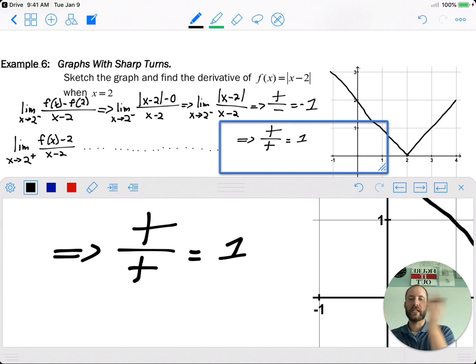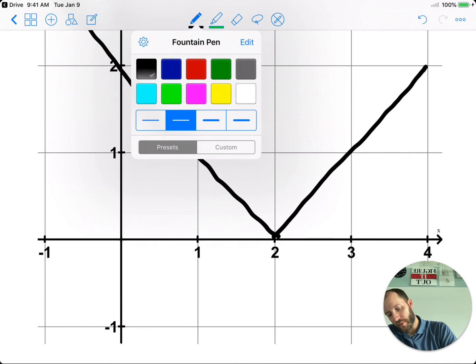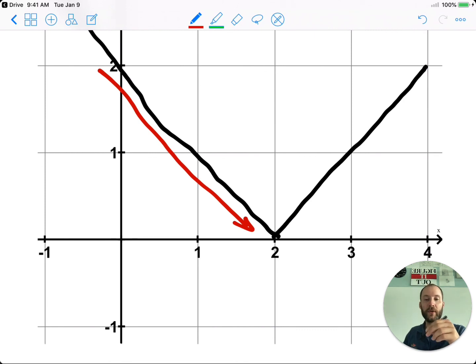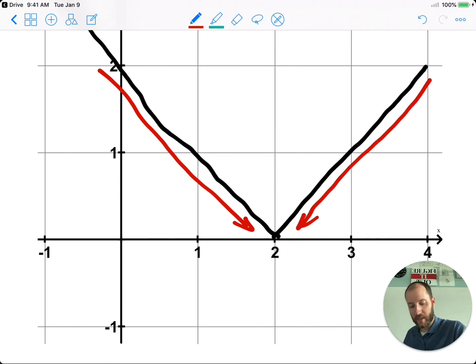So from the left and from the right, different values: negative 1 and 1. Also look at your graph. As you come in from the left, going down, you've got the slope of negative 1. As you come in from the right, you have this line that has positive slope, so a positive 1.